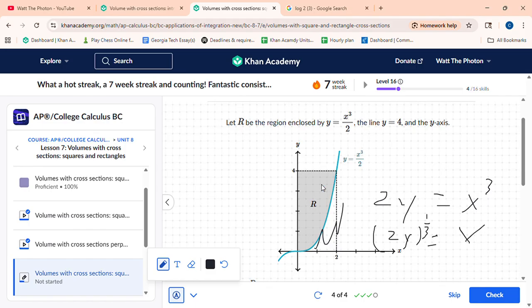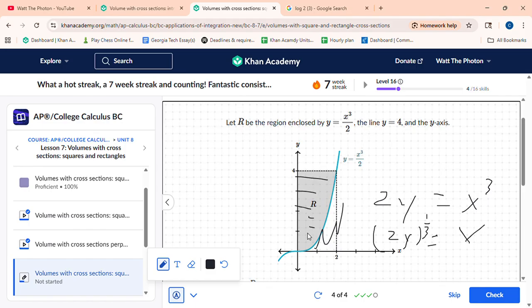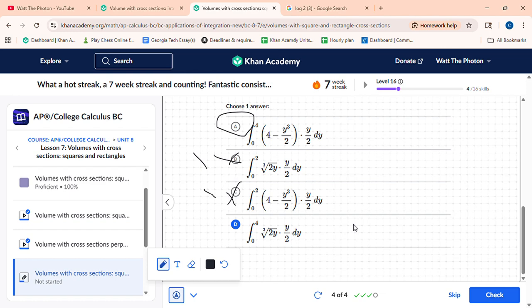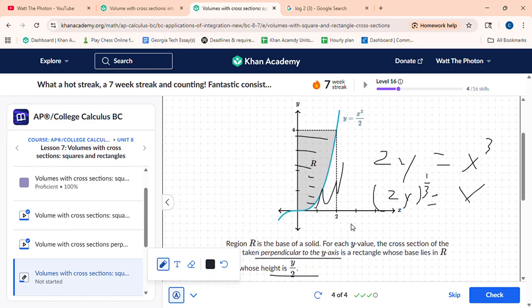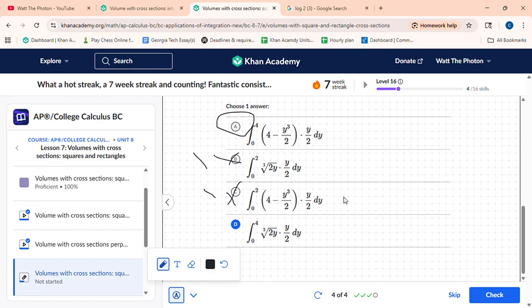Ooh, it's to this point right here. Is that what that's saying? It's dy. Perpendicular to the y-axis. Yeah, I think that's what it's saying.